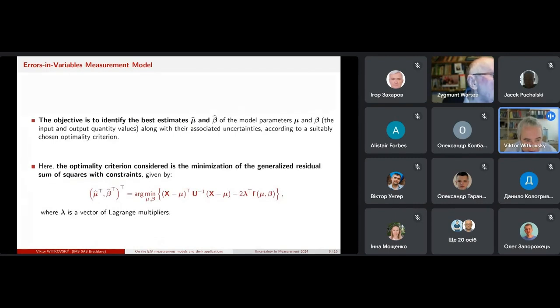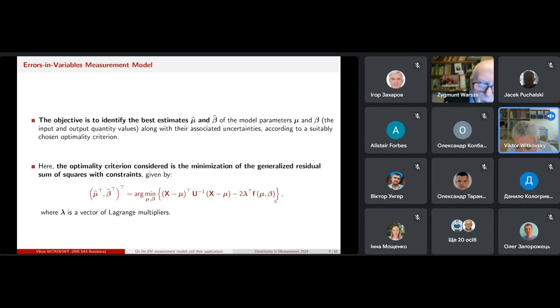So what is the objective of our problem? The objective is to identify the best estimates of the parameters mu, the true values unknown to us, and the parameters of interest, which I am considering as our measurements. The criterion for doing that is minimization of the total sum of squares, subject to some restrictions.